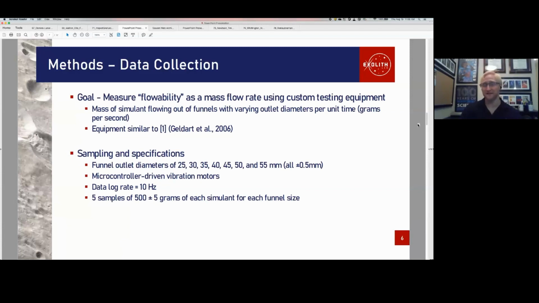For each of these 7 funnels, we put 5 samples of 500 grams of each simulant through them and collected a total of 35 samples of mass flow rates for each simulant. During testing, to prevent bridging or clogging of the funnels, we used vibration motors to give consistent and uninterrupted flow.